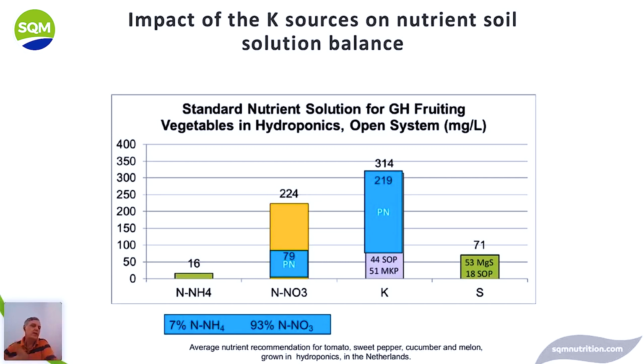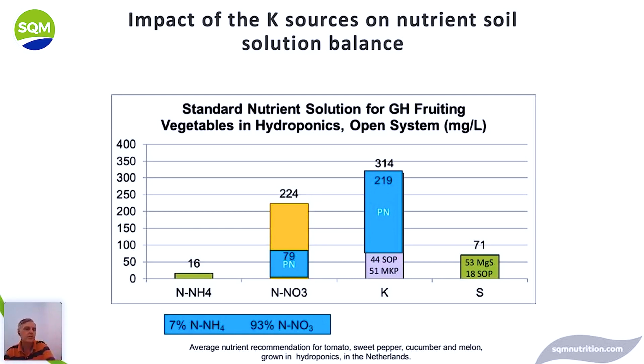When they supply the magnesium together with magnesium sulfate, they are supplying 53 milligrams per liter of sulfur, and then they complement because they need 71. So 53 comes from magnesium sulfate, and they complement the other 18 milligrams per liter with sulfate of potash. And then they reach the 71 milligrams per liter, that is the target of the nutrient solution.